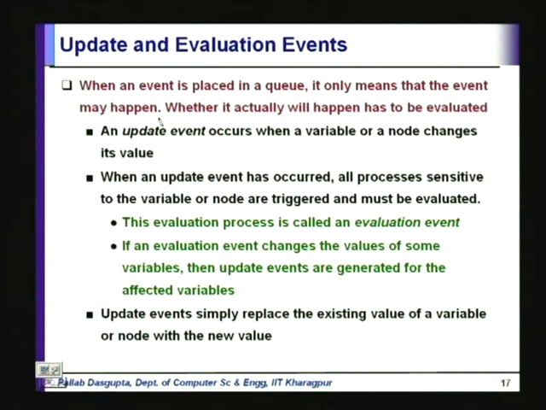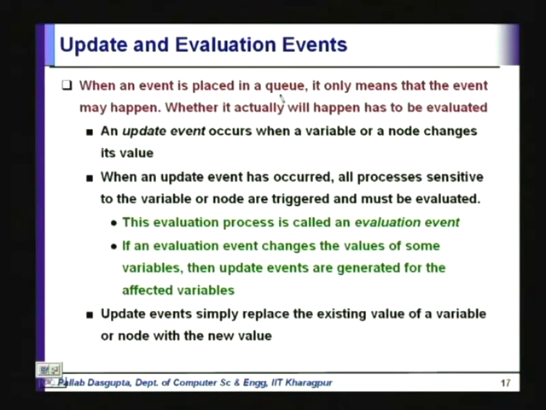Because that event will happen sometime in the future, and in the intermediate period from the current time up to that future time, other events may happen, and as a result that event will have no effect. We are going to see examples of this. Just because we have an event in the queue, it does not mean that it is finally going to affect anything.